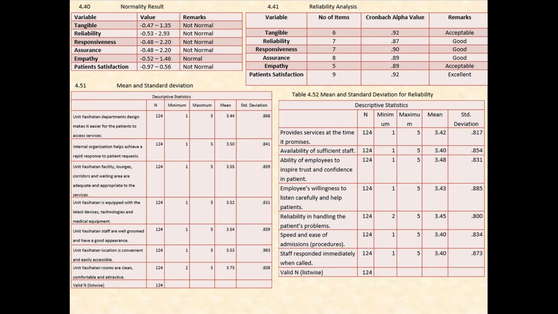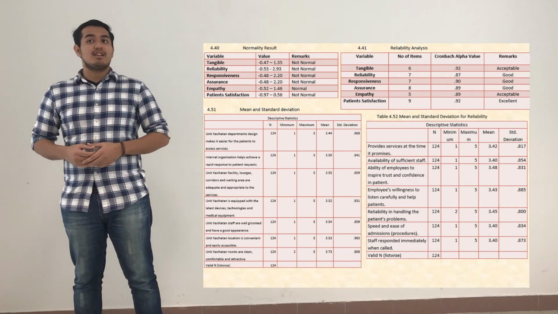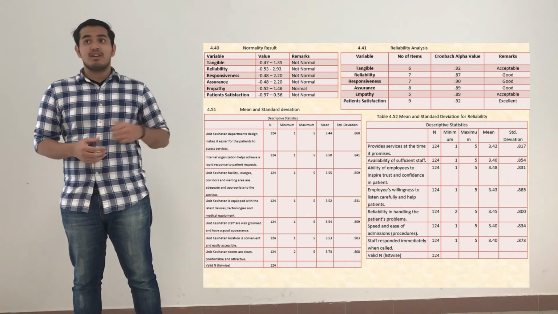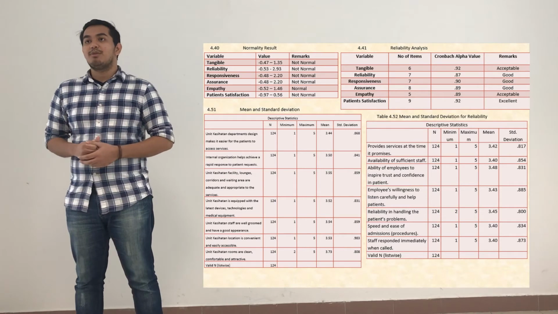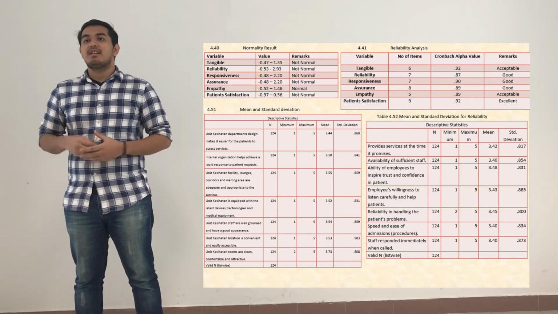Table 4.41 shows the reliability test. If the Cronbach's alpha is closer to 1, the better the internal consistency reliability, and if the result is lower than 0.87, it will drop. The coefficient of Cronbach's alpha ranges from 0.87 to 1. The data will be more reliable when the coefficient is high.